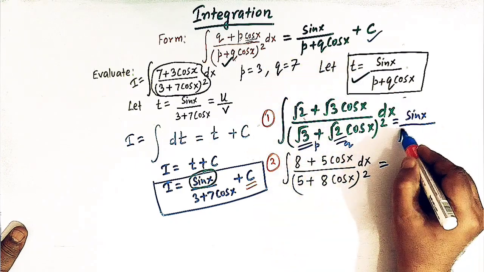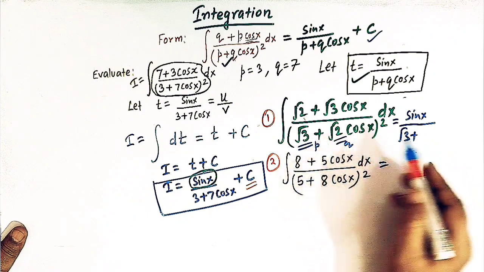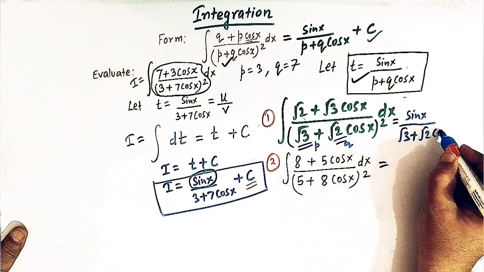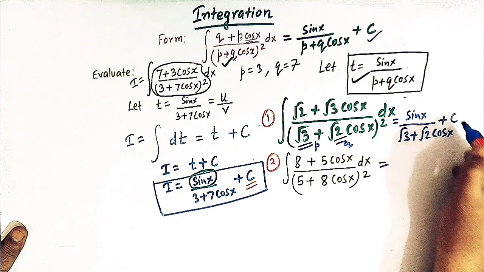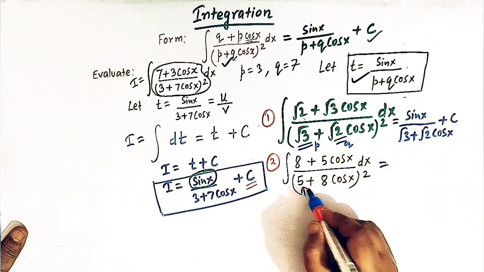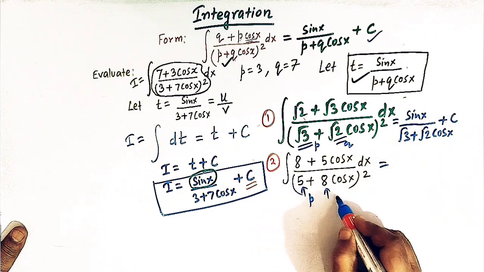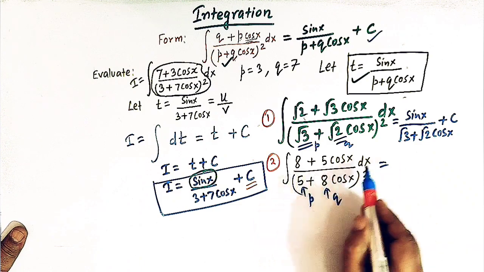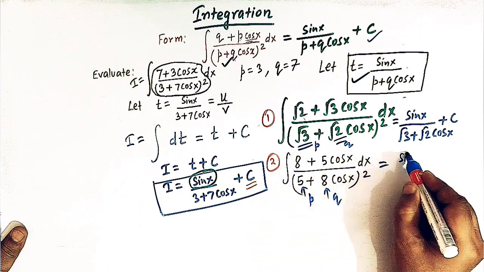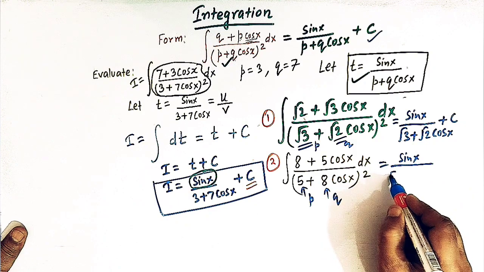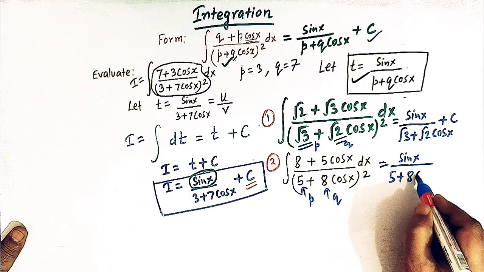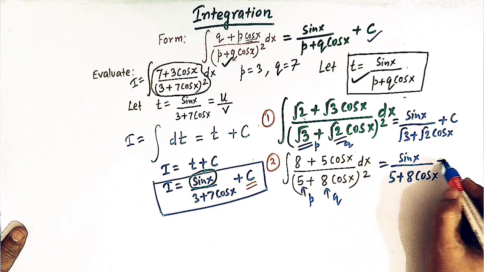P is the square root of 3, and here we have root 2 cos x plus c. And in this case, the value of p is 5, the value of q is 8. So the direct value of this integral is sine x over (5 plus 8 cos x) plus c.